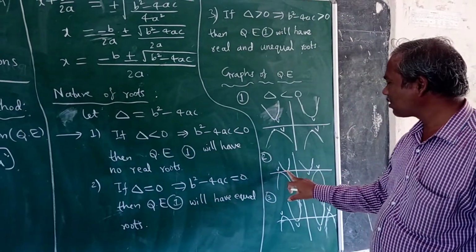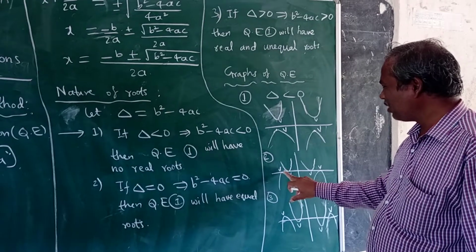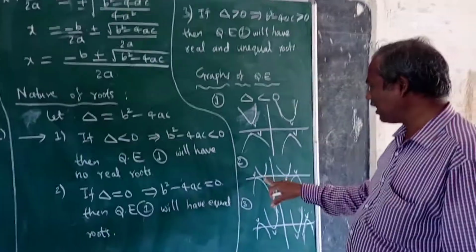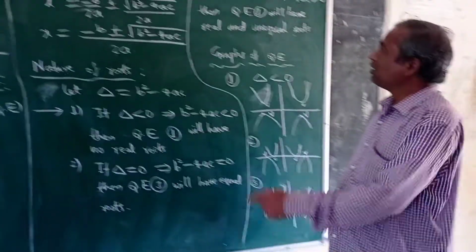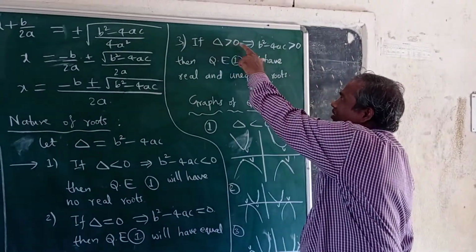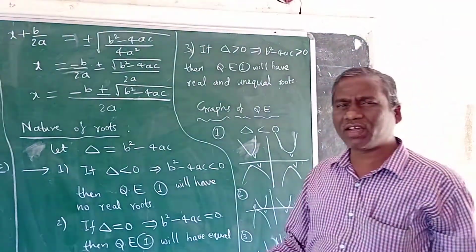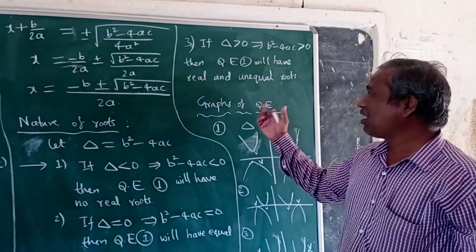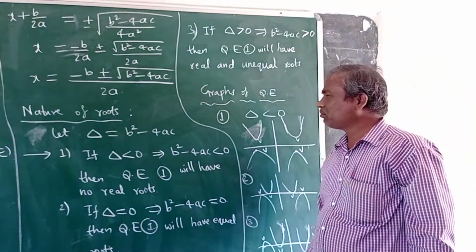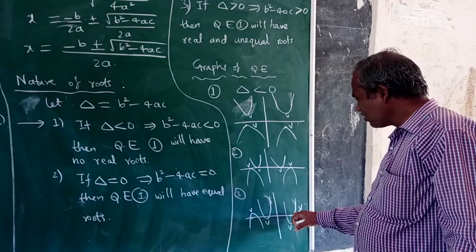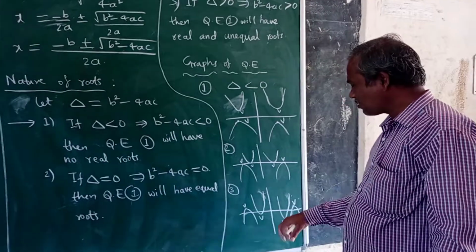In that case, the curve will be a parabola. In all the cases it is a parabola, but it touches the axis in this case. Third, if delta is greater than 0, b square minus 4ac is greater than 0, then the roots are real and unequal, meaning different roots. In that case, the curve will be one of these cases.